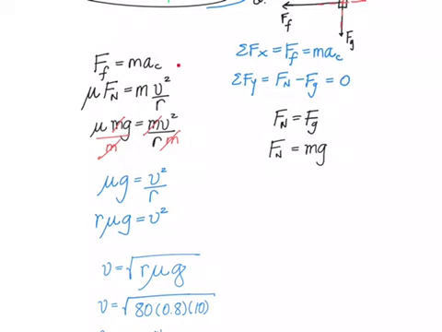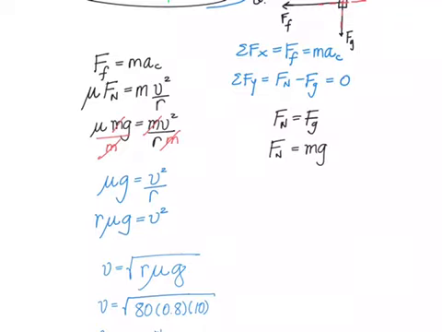The friction force was center-seeking, so equal to m a_c. Made our friction force substitution, our acceleration substitution. Then we were able to substitute the normal force as being the weight in this case. Then the mass canceled out because I had it multiplied on both sides. Then I was able to solve for this velocity as being the square root of r mu g, kind of looks like root rug.